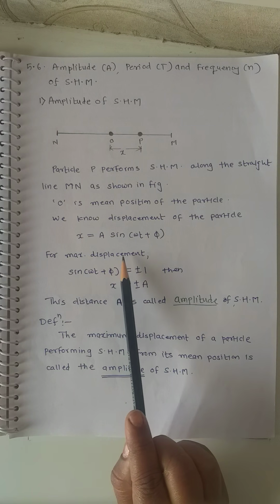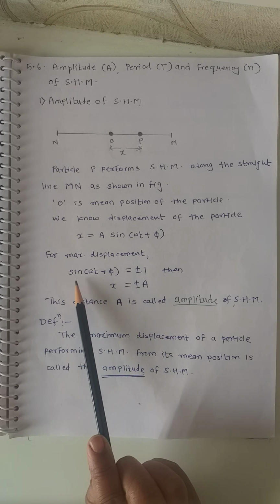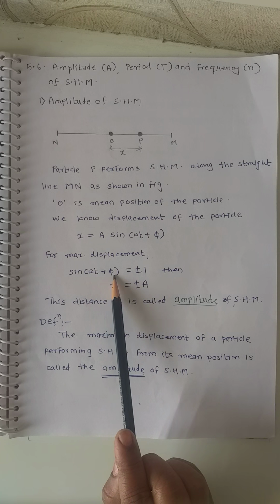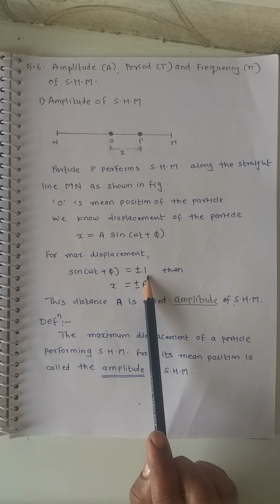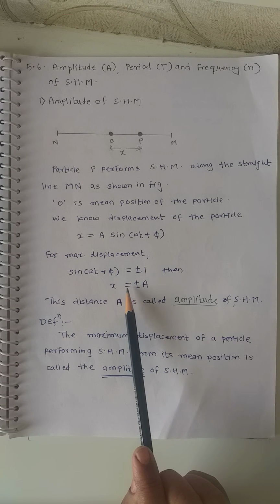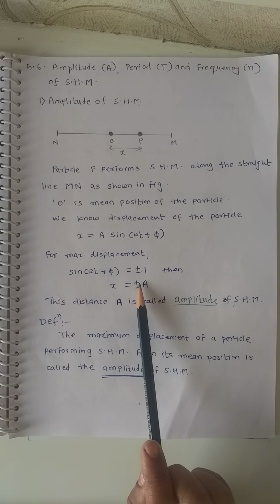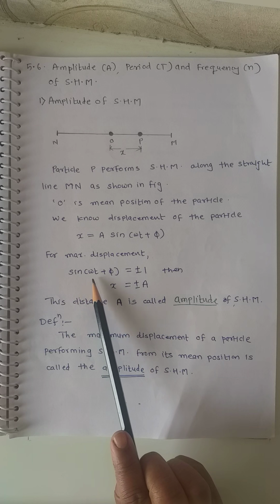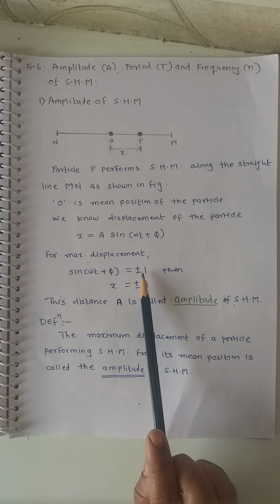For maximum displacement, the condition was sine omega t plus phi is equal to plus minus 1. Then only we will get x is equal to plus minus a.